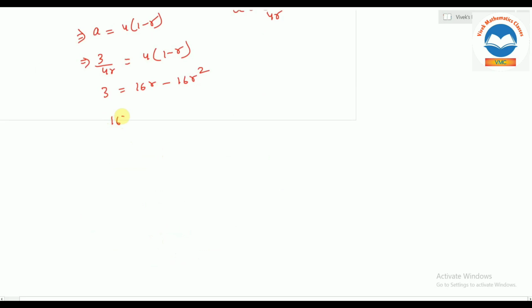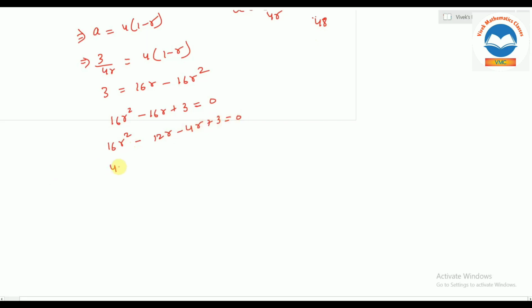We will get 16r square minus 16r plus 3 equal to 0. Okay, 16 into 3, 48. 48 you have to break as 12 plus 4. Yes. So we will write 16r square minus 12r minus 4r plus 3 equal to 0.